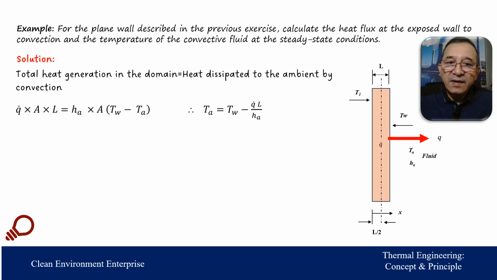Q dot A times L equal to h times A times delta T. Delta T represents the temperature difference between T wall and T ambient. Then this equation gives T sub A equal to T sub W minus Q dot L divided by hA. h represents the heat transfer coefficient.